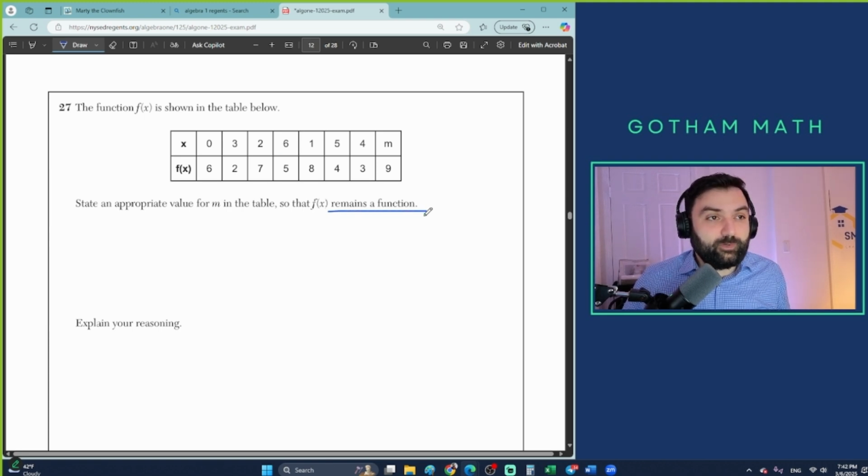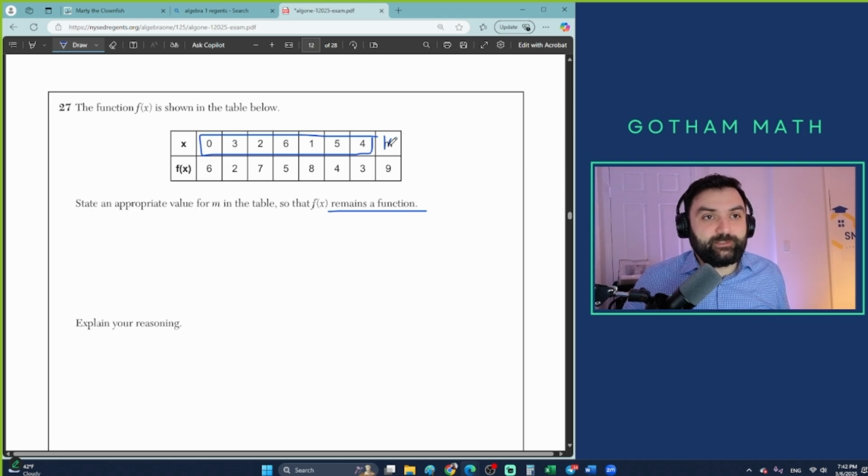Well, we know that in a function, x's cannot repeat. So we have 0, 3, 2, 6, 1, 5, 4. Basically any number other than the numbers on the top, so it's up to you. We can use 7, 8, or 10. Doesn't really matter.